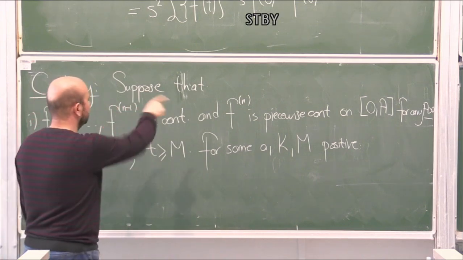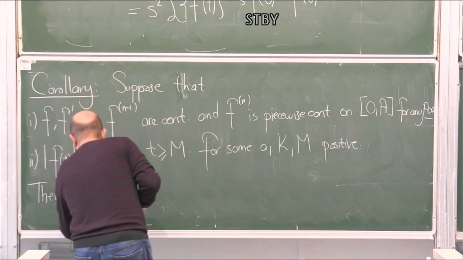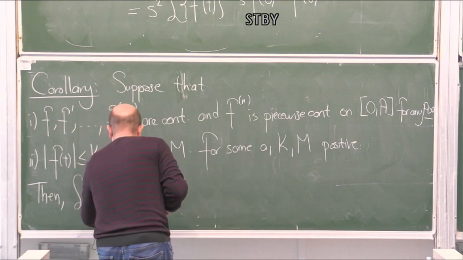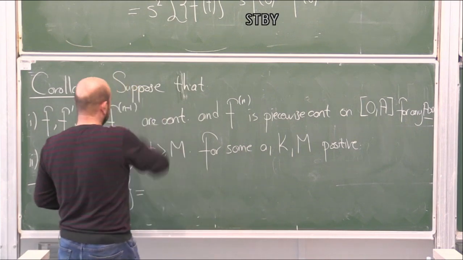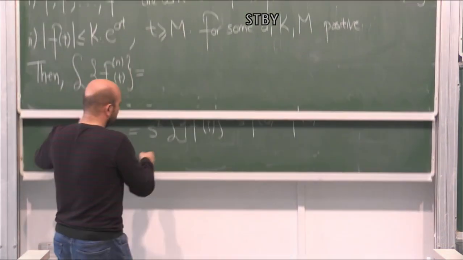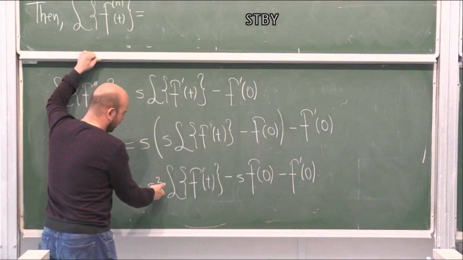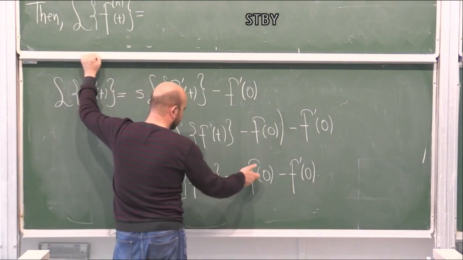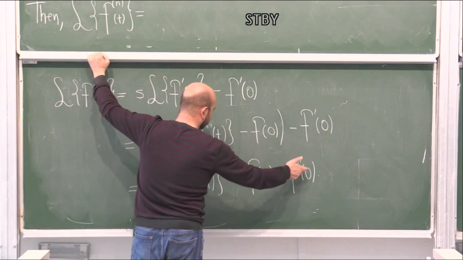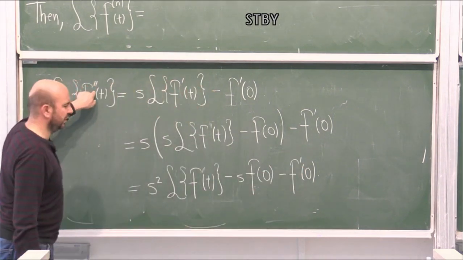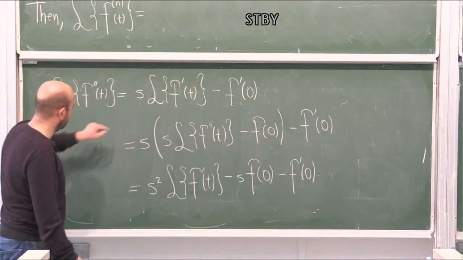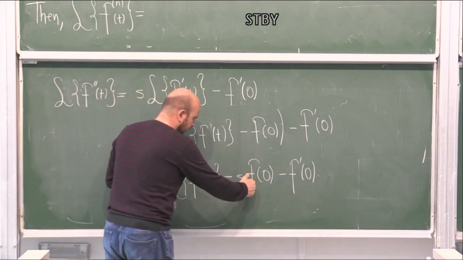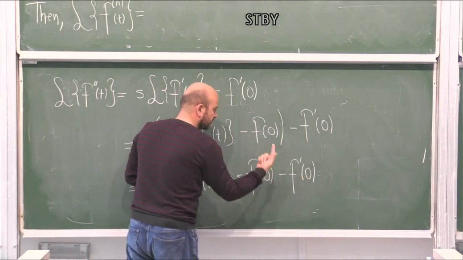the Laplace transform of the nth derivative exists, and it's given by the following formula. You can look at the following here: s squared times Laplace of f minus s times f of 0 minus f prime 0. So this is for the second derivative. Second derivative, s squared. And if you look at the powers of s, they go s squared, then s to the 0, which is 1.